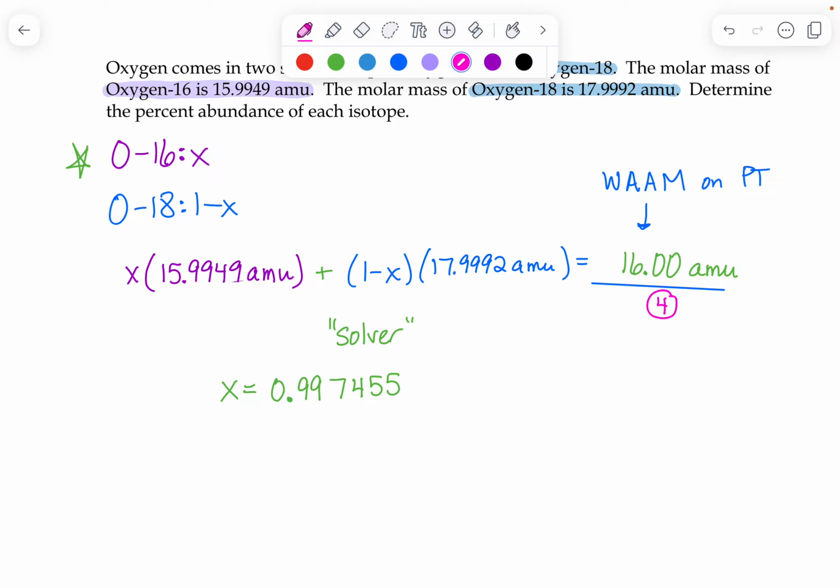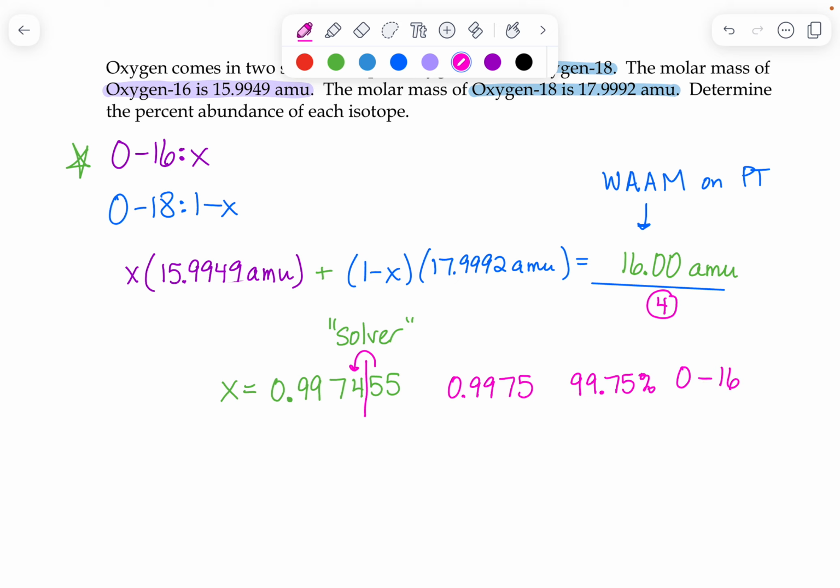So if I want to keep 4 sig figs, I would chop it right here. The 5 gives that guy a little nudge. So 0.9975. That's it as a decimal. If I were to switch it into a percentage, I'd say 99.75% oxygen 16.